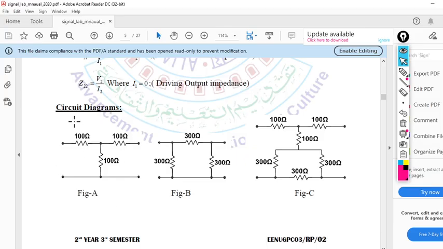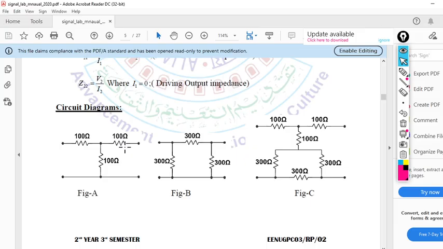First you will take 100 ohm, 100 ohm, 100 ohm. Steps. First listen properly to what steps you have to follow. First of all, try to come to this lab with shoes, because when you are handling current, voltage, supply voltage, and also the equipment, your safety is first, right? So try to come with shoes.